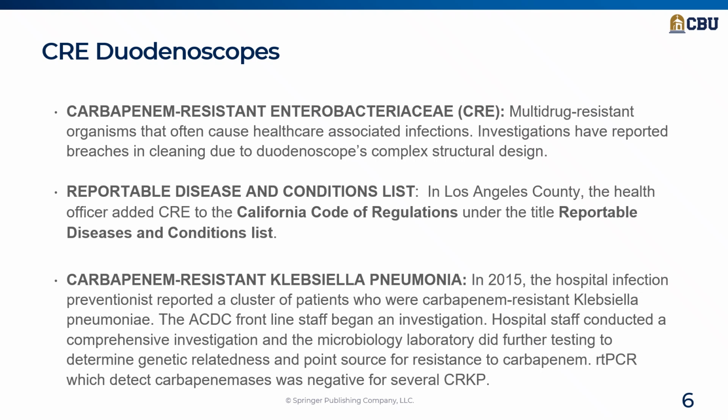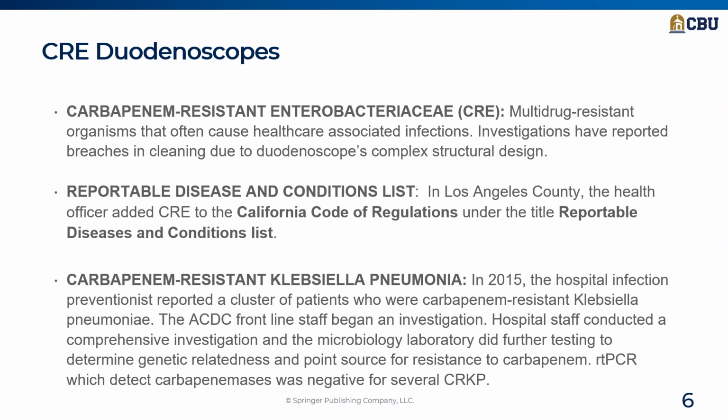In 2015, a hospital infection preventionist reported a cluster of carbapenem-resistant Klebsiella pneumoniae cases following ERCP procedures. Public Health launched an investigation after an infectious disease physician had earlier flagged an unusual post-procedure bacteremia case. Review of 2014 data identified 33 CRE cases, with 23 of them being CRKP.